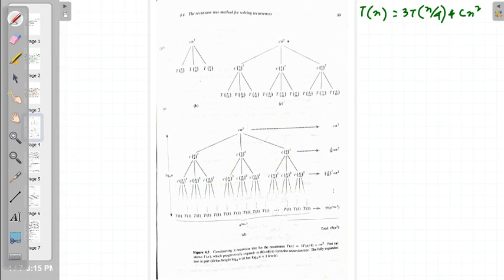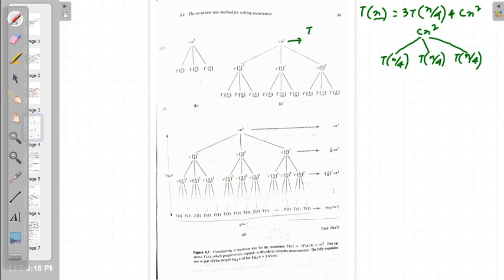So first Cn square will be there, and then it is 3T(n/4). That means T(n/4) plus then this T(n/4), then this T(n/4). So that is the way we have to represent. And then this n/4 we have to substitute here.